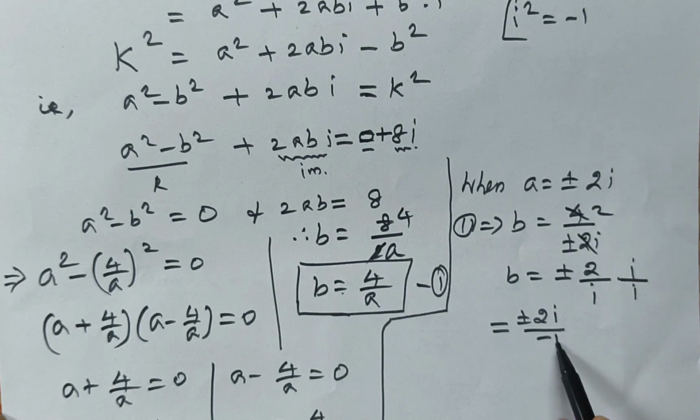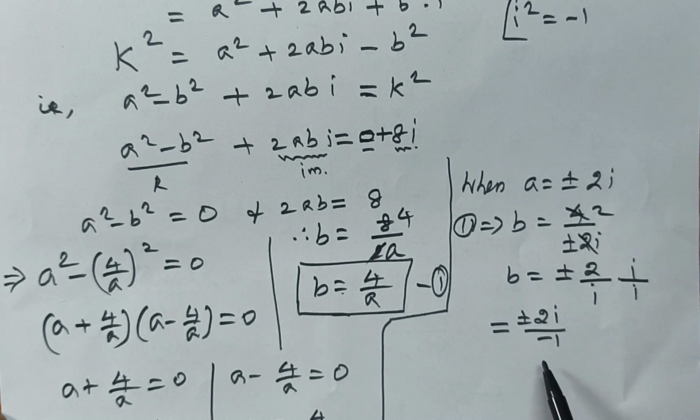The value of i squared is minus 1. Therefore, b is also plus or minus 2i.